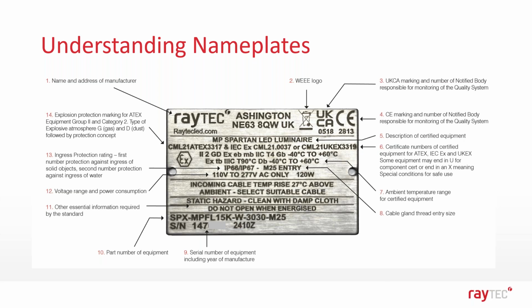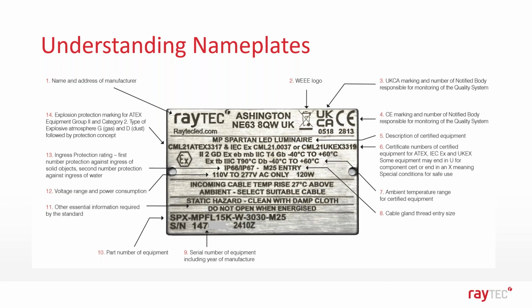So certificate numbers of certified equipment for ATEX, IECEx and UKEX. And as we've said, some equipment may end in a U for component certificate or end in an X, meaning that equipment has some special conditions of safe use. So it's important to know the certificate numbers so you can then refer to those certificates.